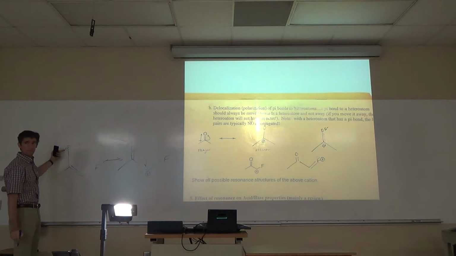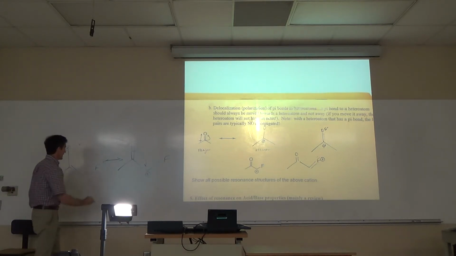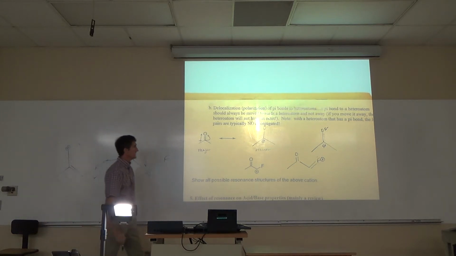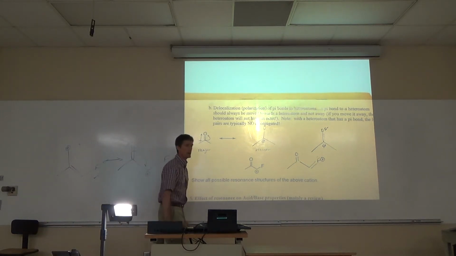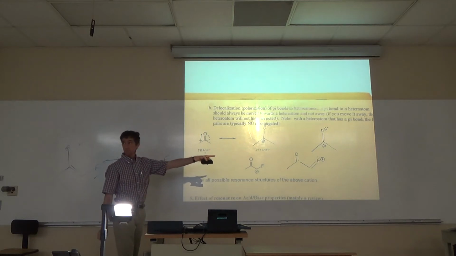Carbocation, no octet. That's fine. But not for oxygen. Doesn't fluorine keep being positive though? Yeah, but it's got an octet. 2, 4, 6, 8. As long as it has an octet, it's okay.